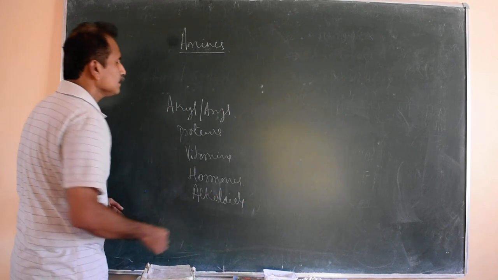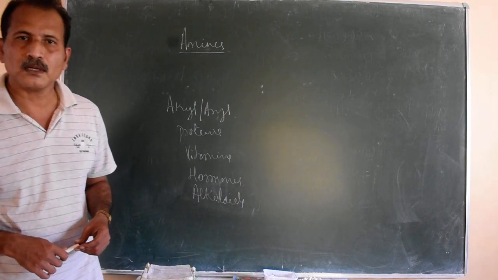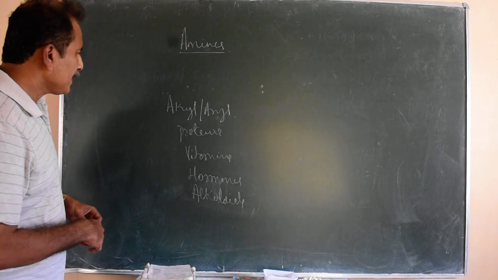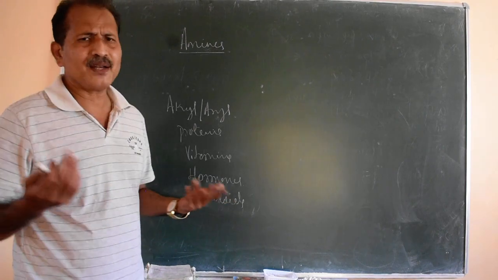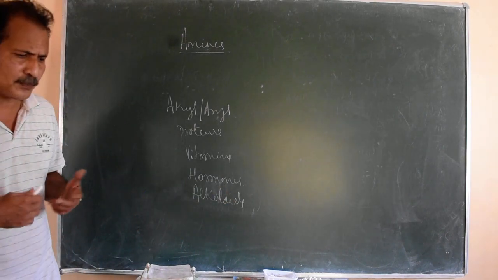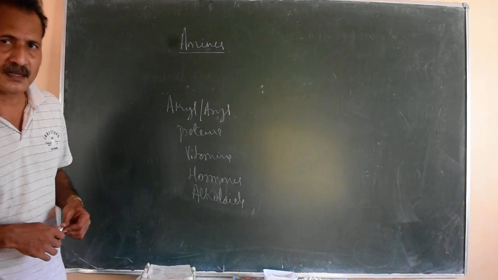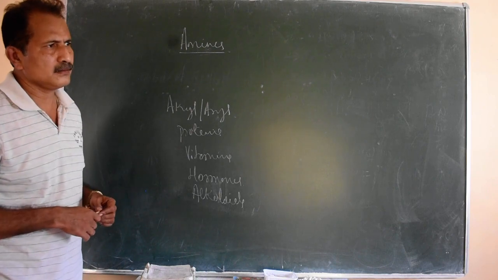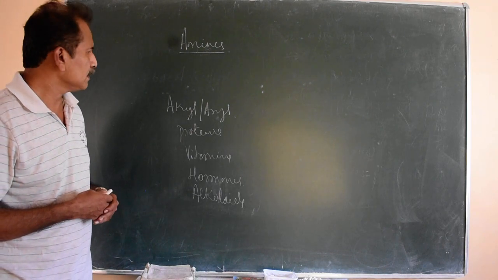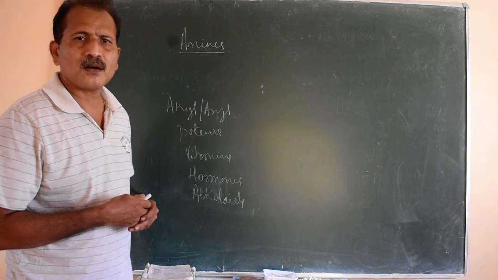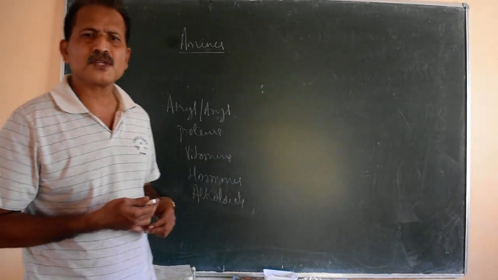In all this, in nature you will find amines, okay? Then synthetic, there are various ones. They are present in dyestuffs, drugs, etc. Okay? So they constitute a major class of organic compound.